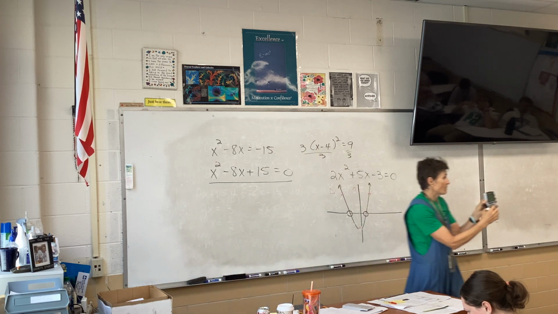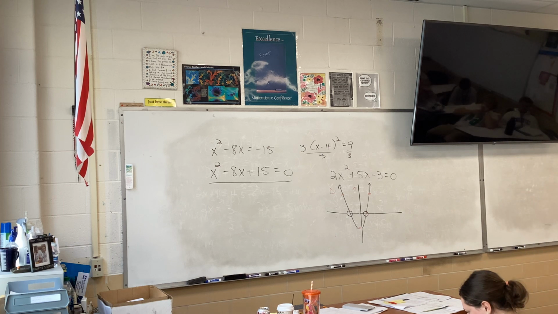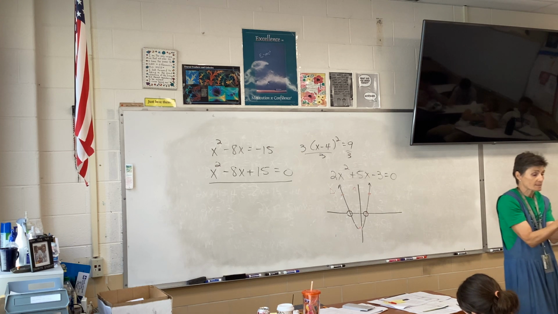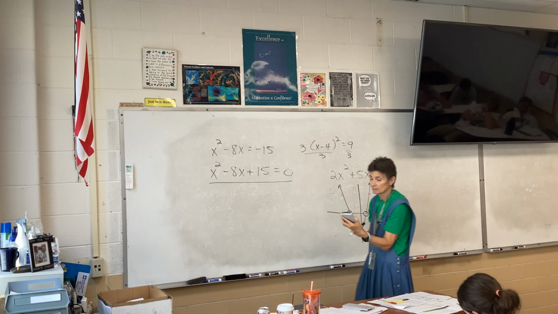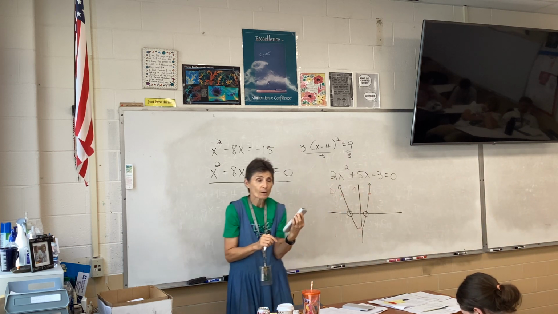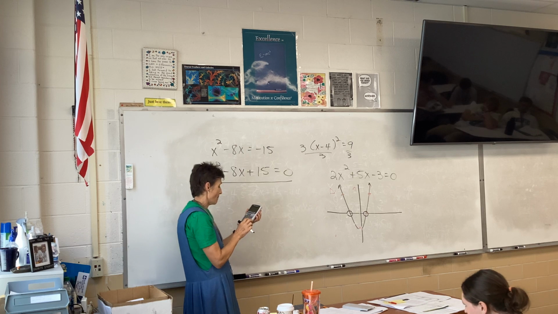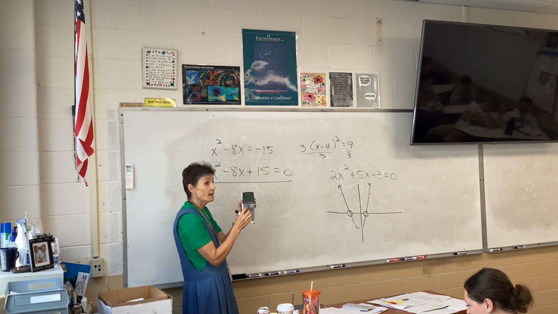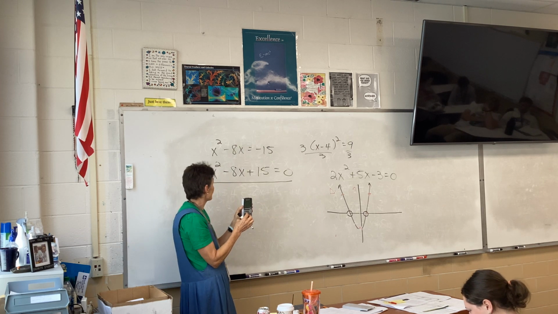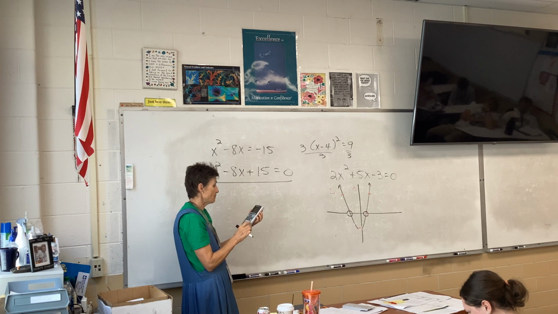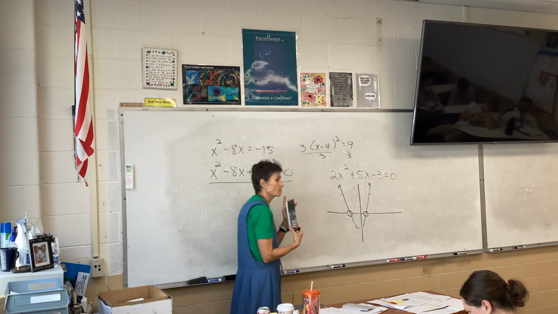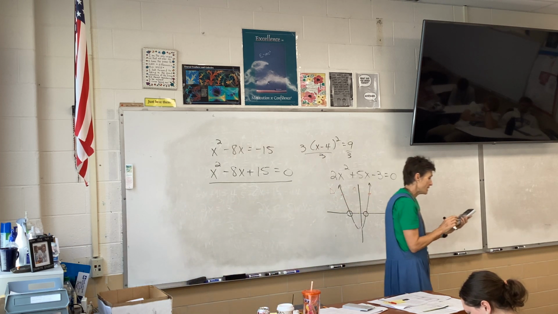So, my variable button, look where my finger's pointing, my variable button. So x squared, hit your squared button, minus 8x again, plus 15, and then hit graph.